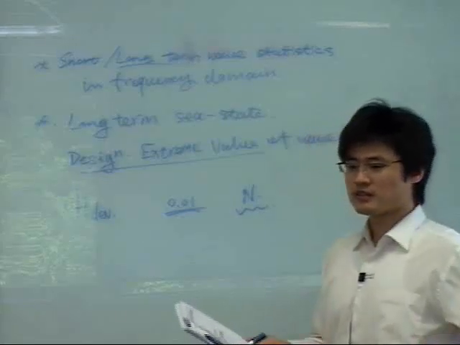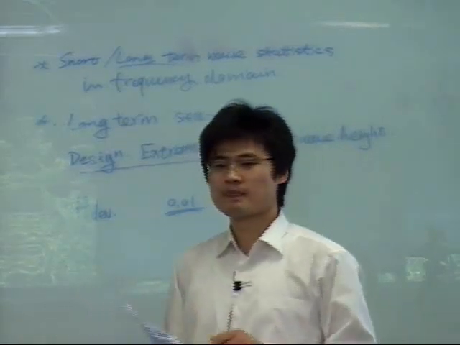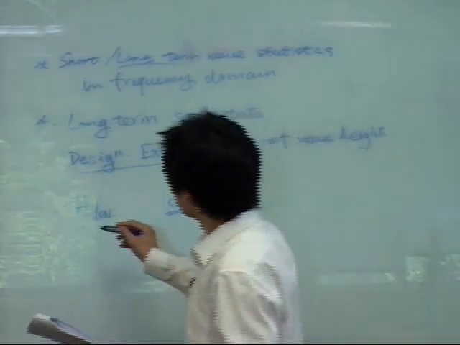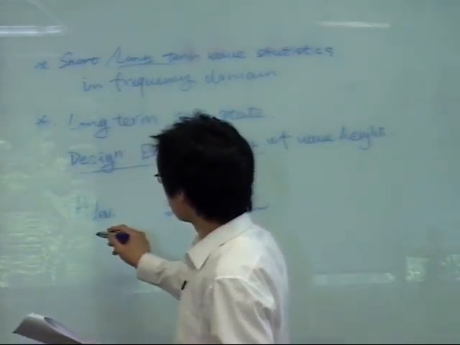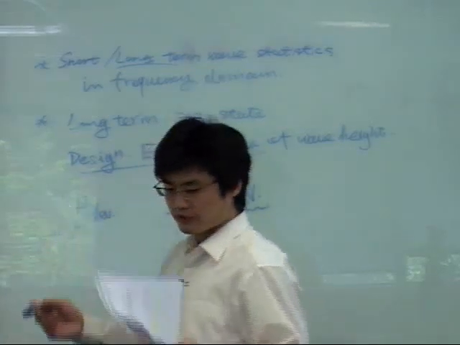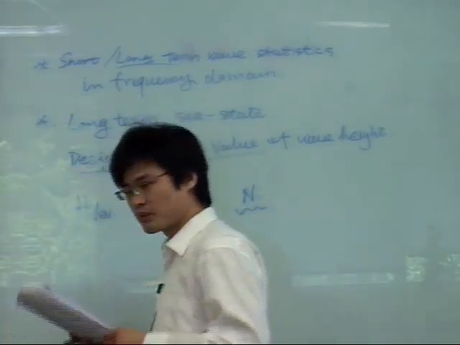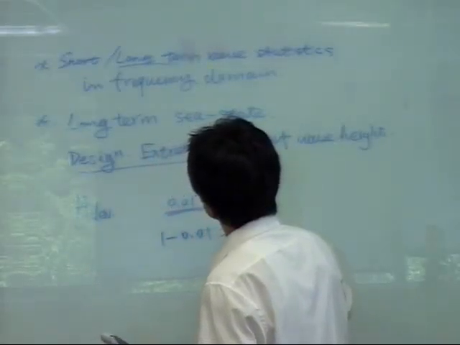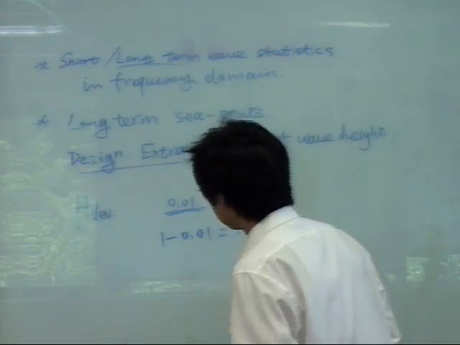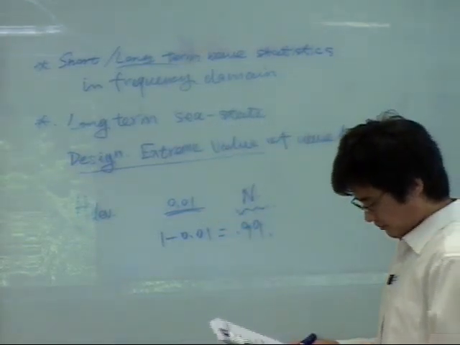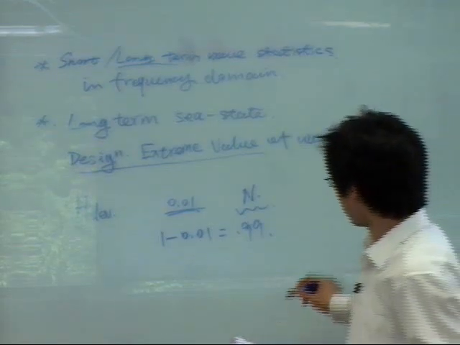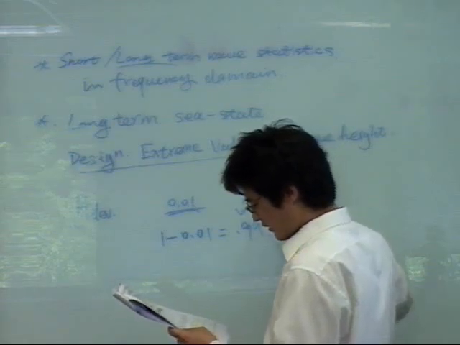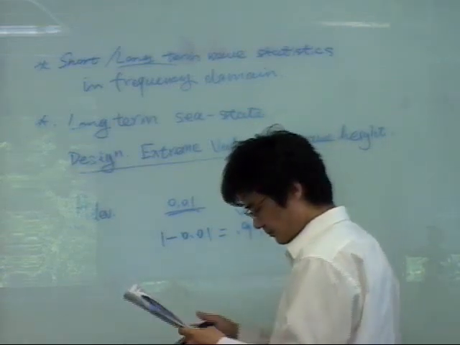That means in N number of waves, the probability that the amplitude of the waves, or half of the wave height, is less than this design value is 1 minus 0.01, which is 0.99. That's how we define this design extreme value.